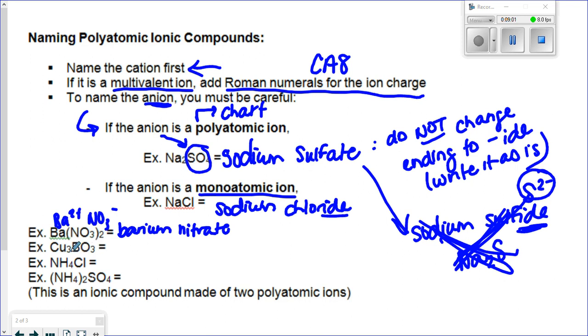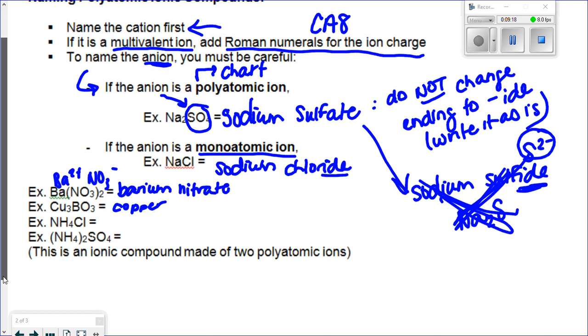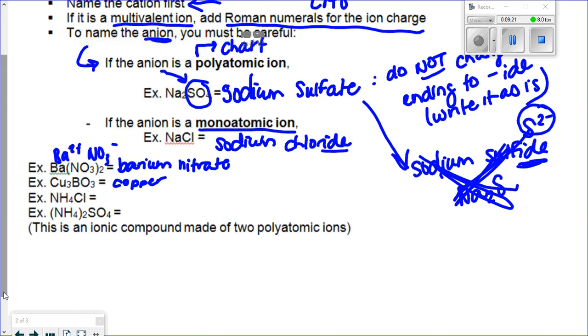This next one, copper, Cu, BO3. So we know it's going to be copper. Sorry, I'm trying to see. Gotta move my thing down. So BO3, is this the one that's not there? So BO3, this is borate. It's BO3 with a 3 minus.